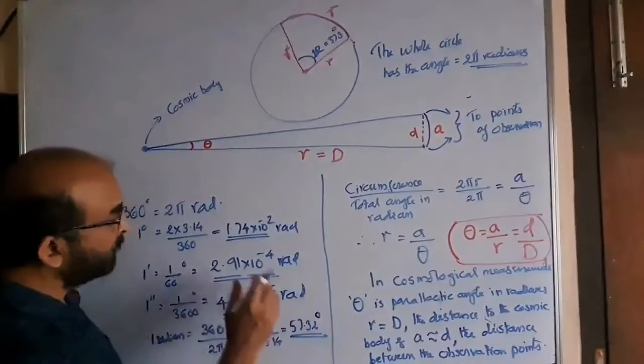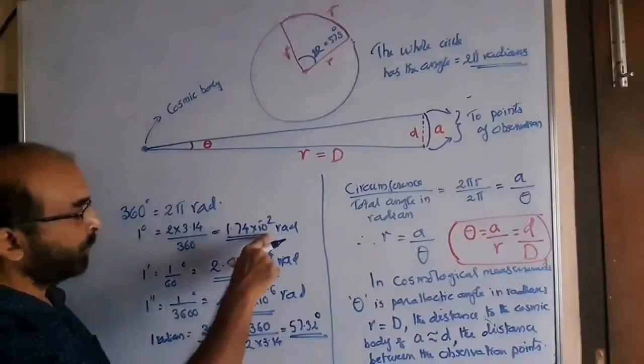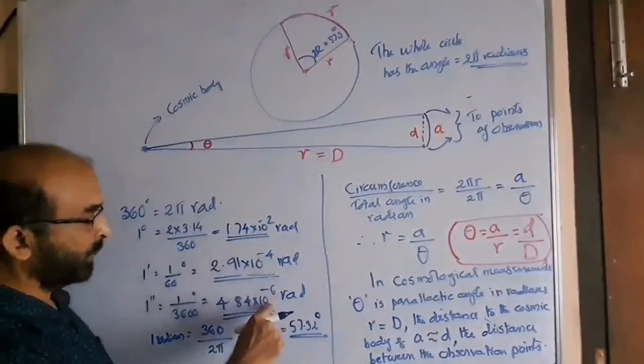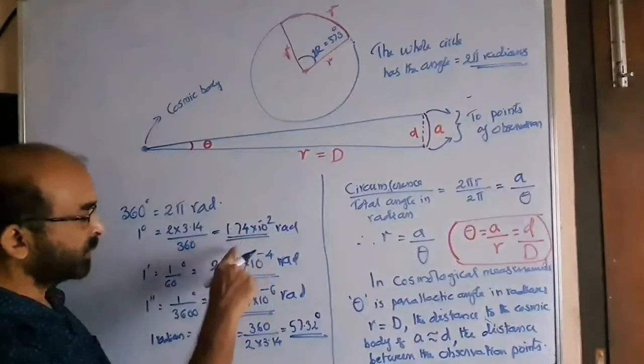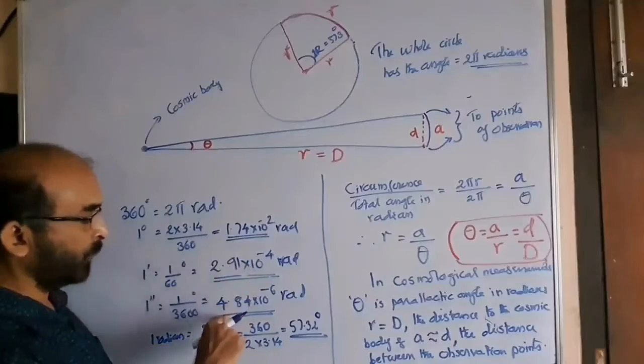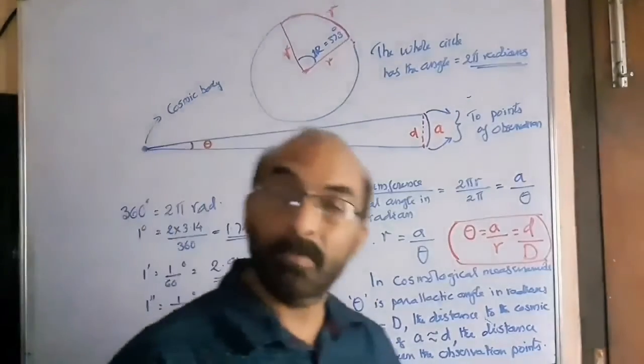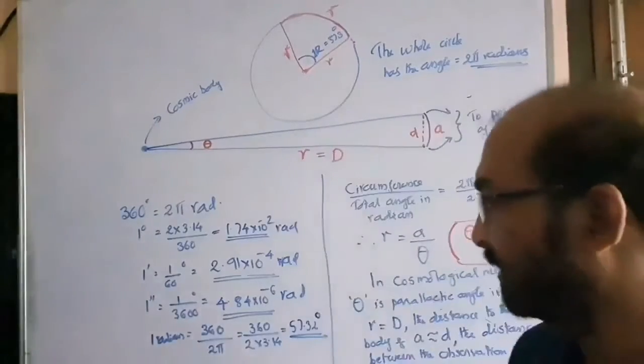If it's possible, you can make all these things by heart. 10 to the power of minus 2, 10 to the power of minus 4, 10 to the power of minus 6 are the powers, but the values are not in a particular sequence, 1.74, 2.91, 4.84. If you make them by heart, it would be much easy, much time saving in entrance examination, etc.